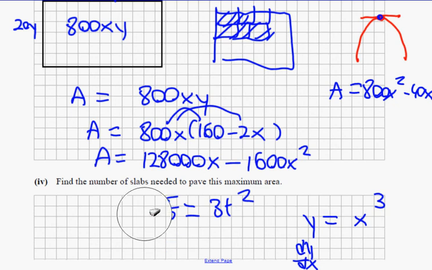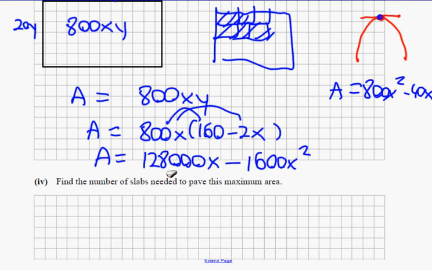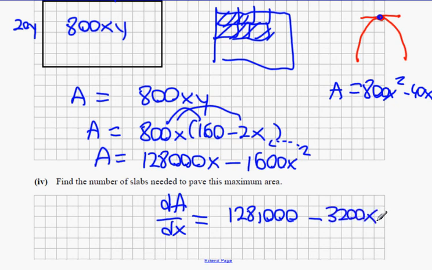What do you think this one should be? The letter on the left over the letter on the right. So dA/dx. And what's dA/dx? 128,000 over 1600, minus, now where does the 2 go? 3,200. Minus 3,200x. And what do we say the slope has to equal?